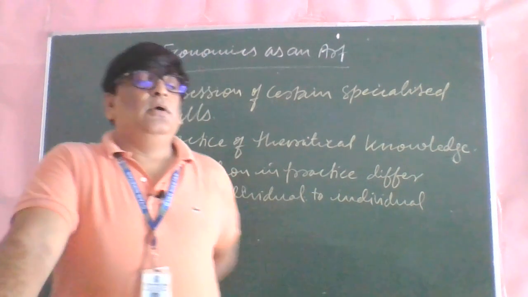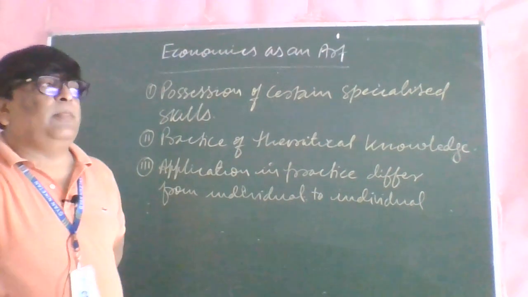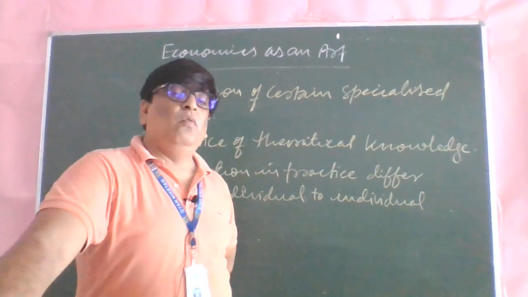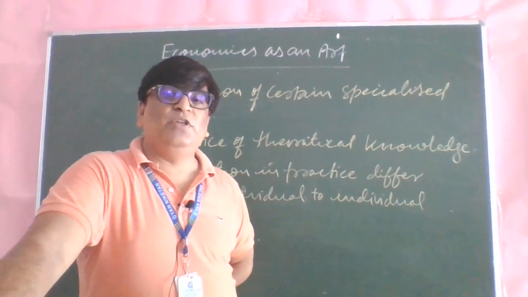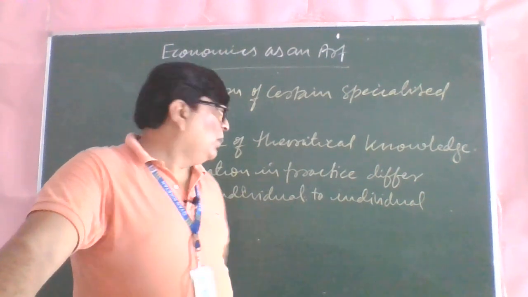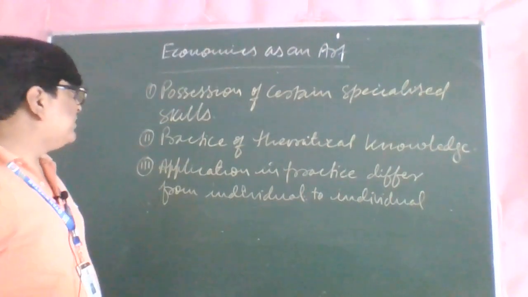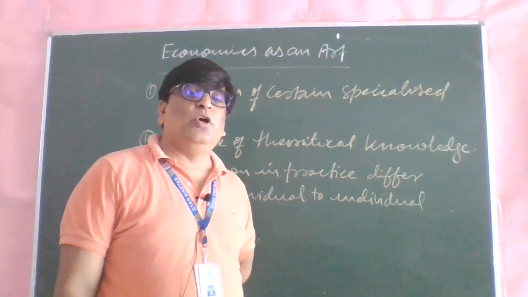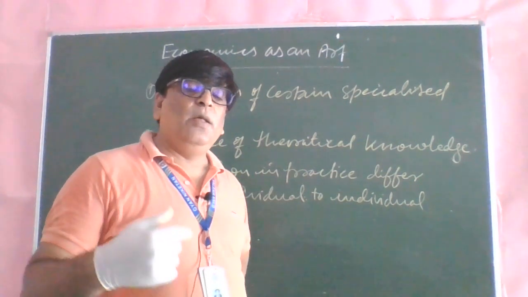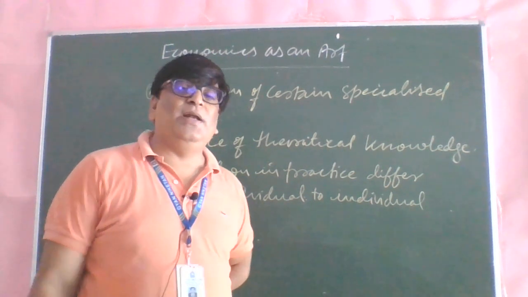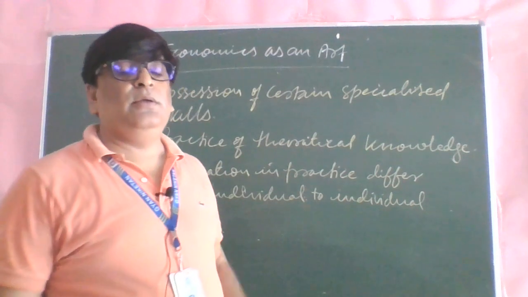Like a painter, some painters like Husain, his one painting sells for 1 crore, his way of expression was different, not the same for all. Similarly, in economics, we find that certain economists are very great, they are considered great because of their personal ability and personal efficiency, and they could scale high.